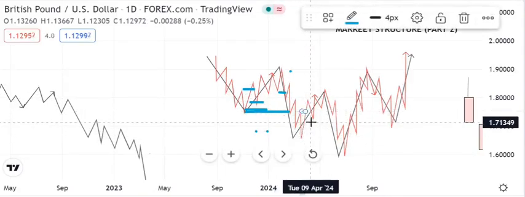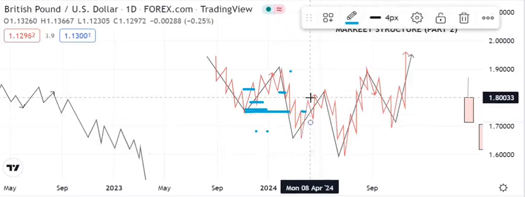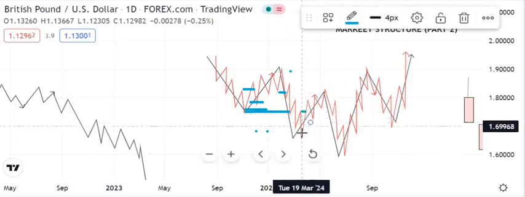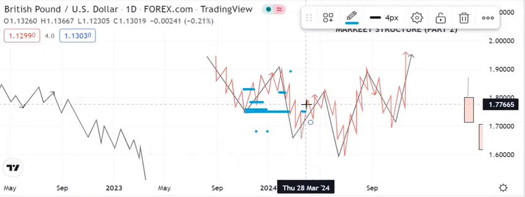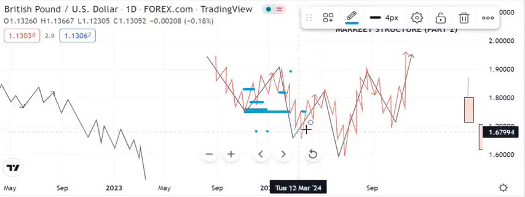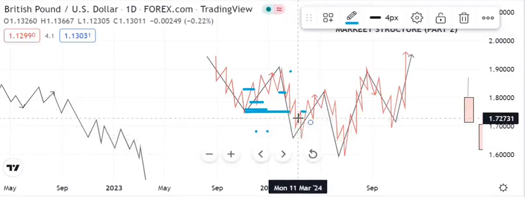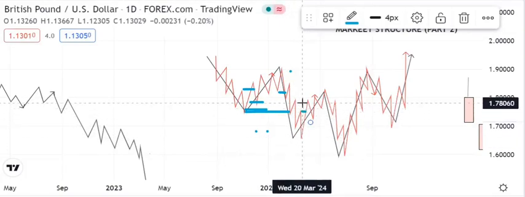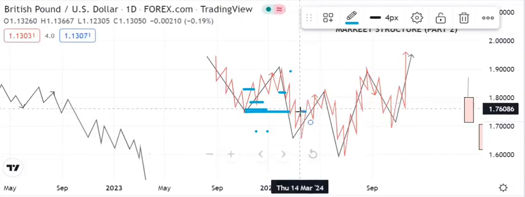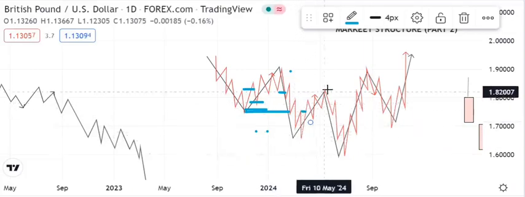Can you see that? It violated that structure to the upside, indicating that there is a shift in structure. But your higher time frame, the H4, is still bearish, whereas on your M15 it is bullish. That is showing to you that your H4 will begin to retrace from here.